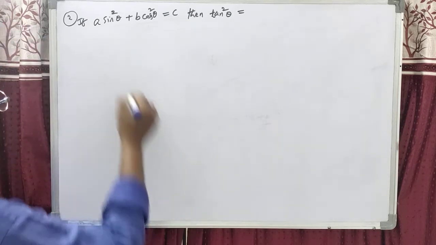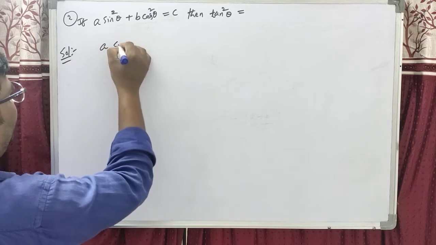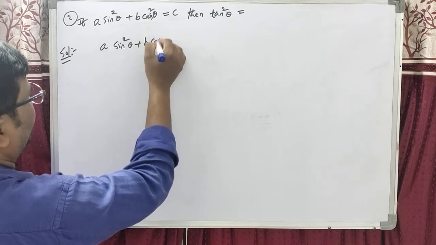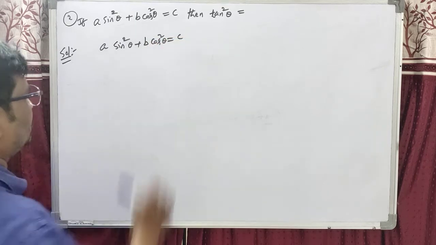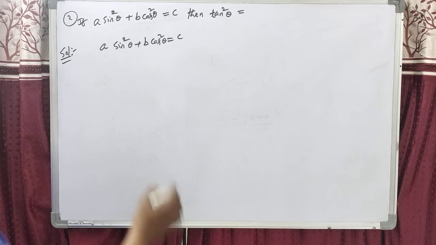Okay students, here it is given that A into sin square theta plus B into cos square theta equals C. Now divide by cos square theta on both sides.